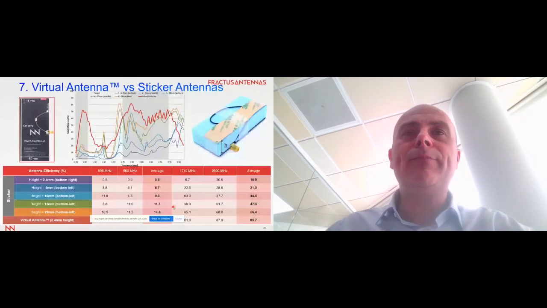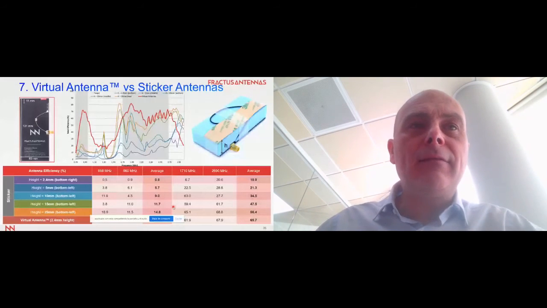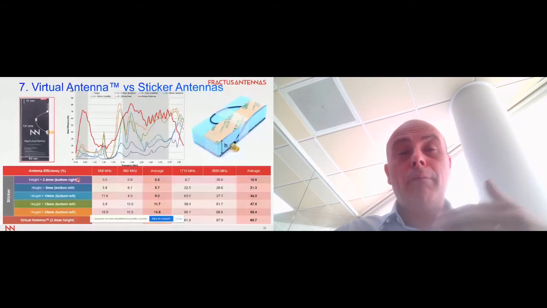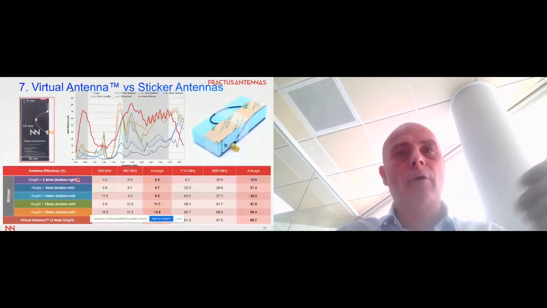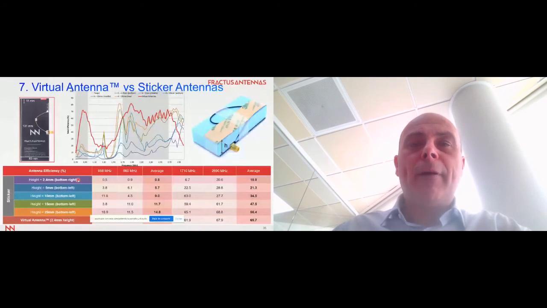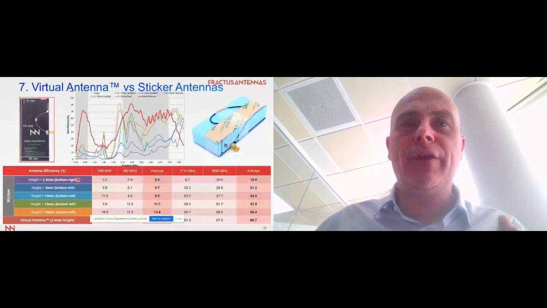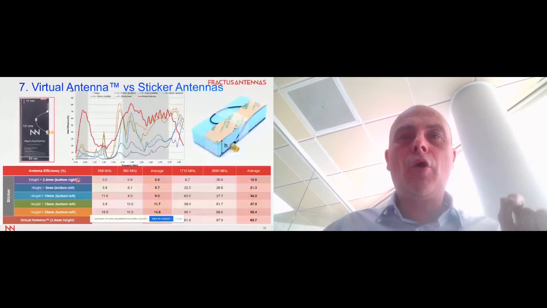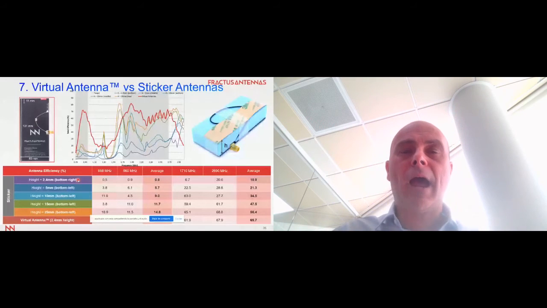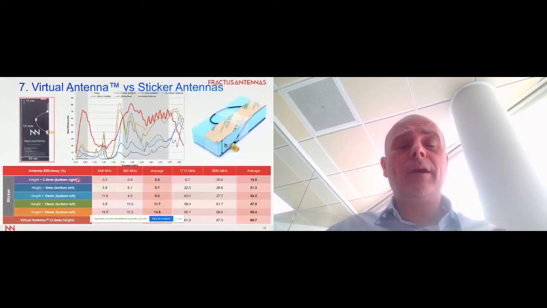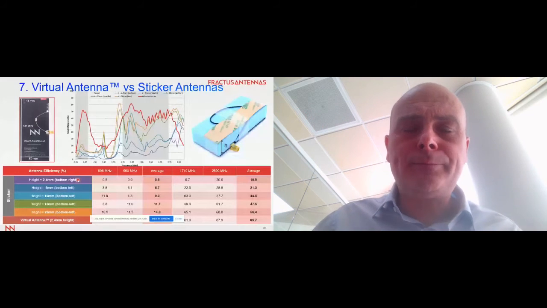Not only that, we also changed the location, as you would do when putting the antenna on the PCB. The conclusion, as you can see in this plot, is that for efficiencies in the low bands, maybe LoRa or other cellular frequencies, the virtual antenna outperforms the sticker. Comparing the sticker at the same height as the virtual antenna, the difference is amazing, and even if you increase the height, the virtual antenna outperforms.